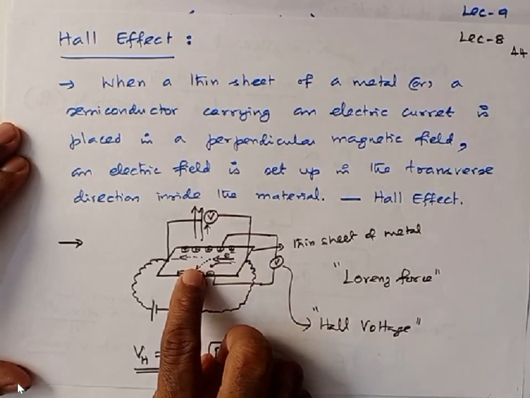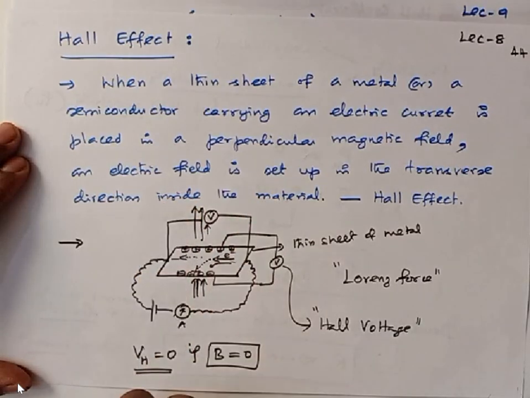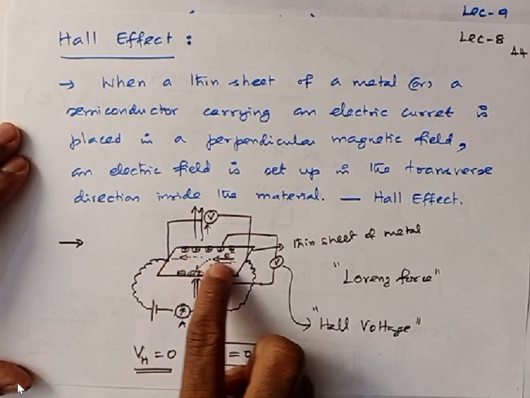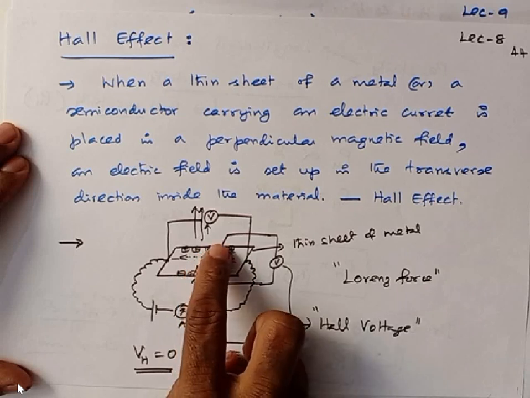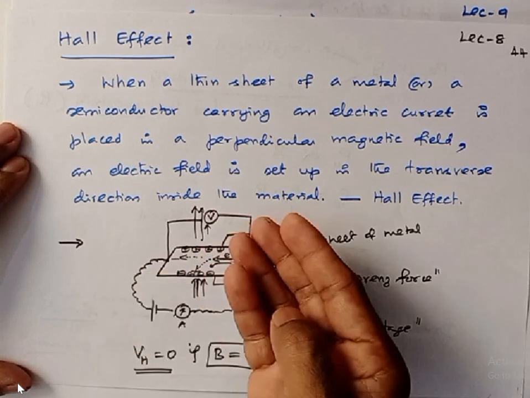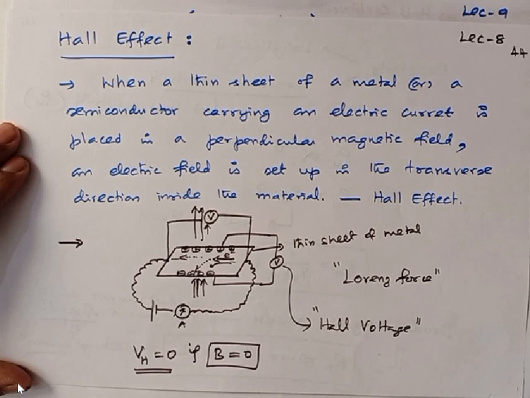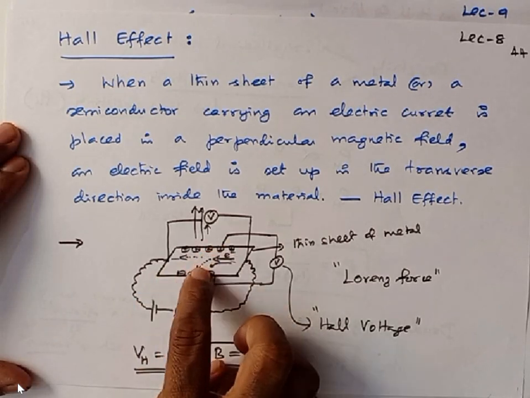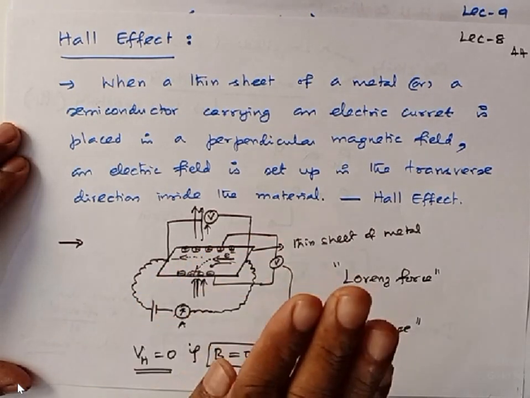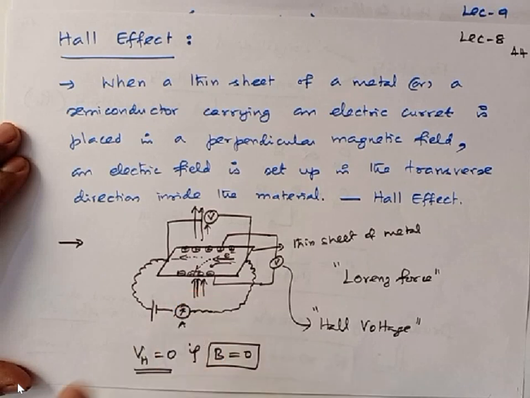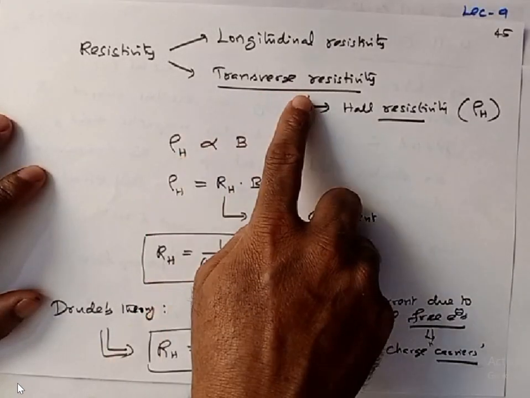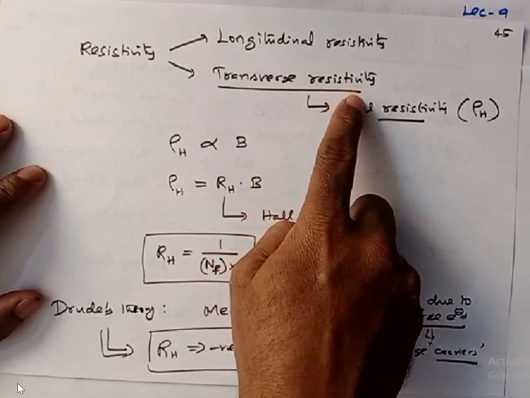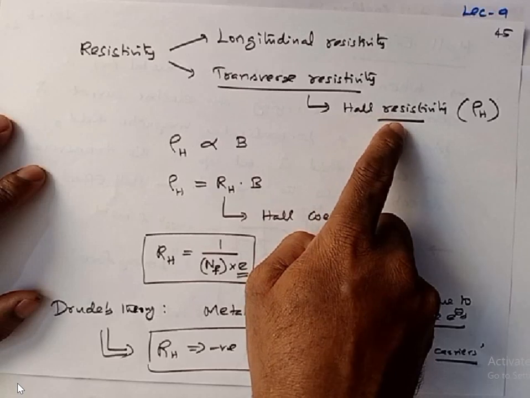And you can measure two resistivities here. One in the longitudinal direction, called longitudinal resistivity, and the other in the transverse direction, called transverse resistivity. Remember that transverse resistivity is absolutely due to the external magnetic field. Clear? And I told you in the last class that the transverse resistivity is also called Hall resistivity.